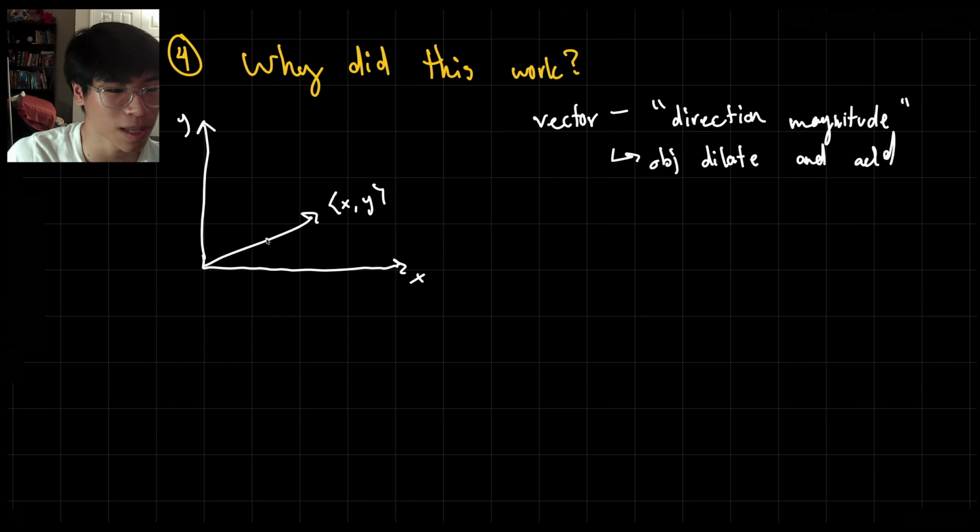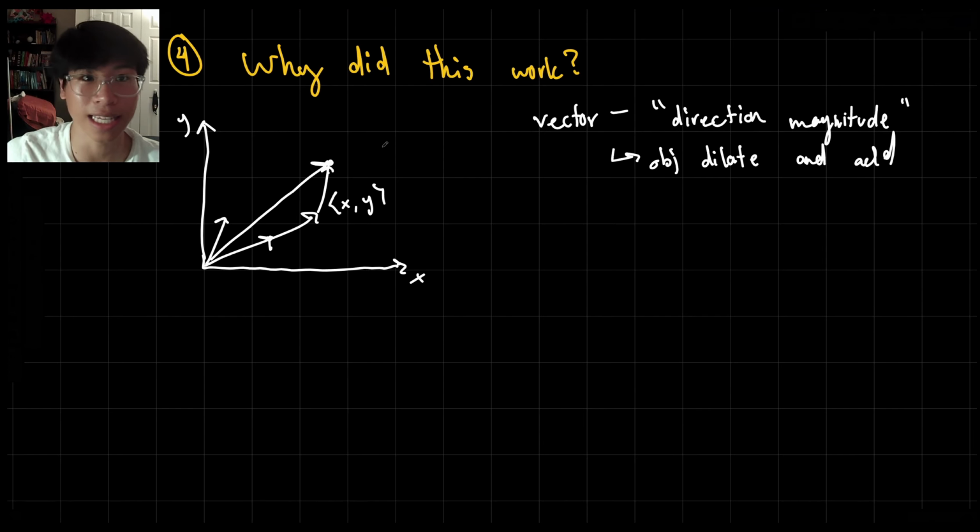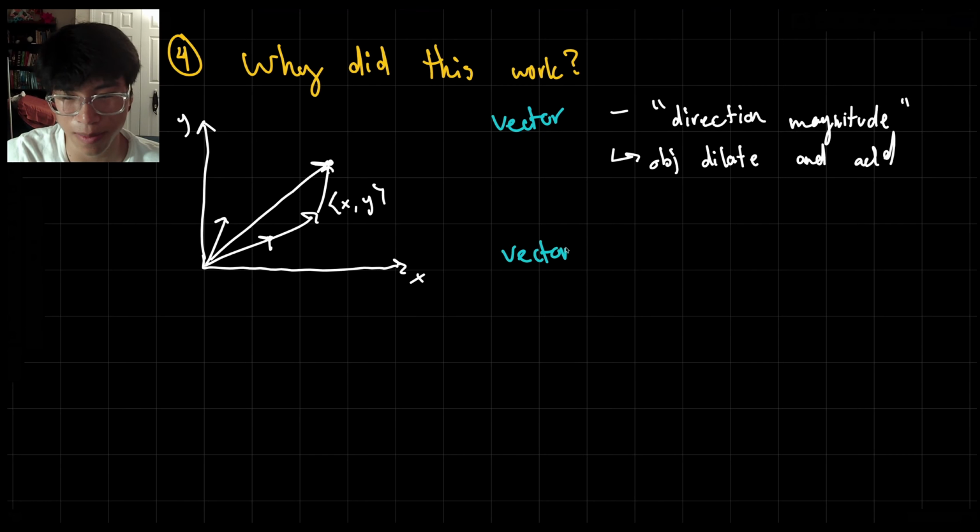So for example, I could dilate this vector xy by 1/2 to get this smaller vector, or I could add these two vectors together to get a resultant vector. You can dilate and add vectors together. The important thing about vectors is that they can form a vector space. For example, the set of all vectors in the plane is known as R squared.